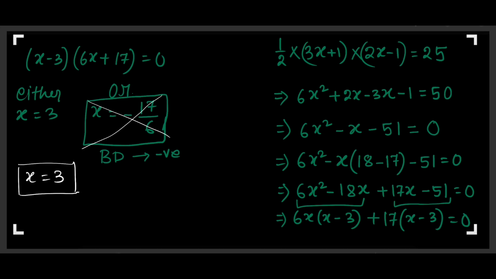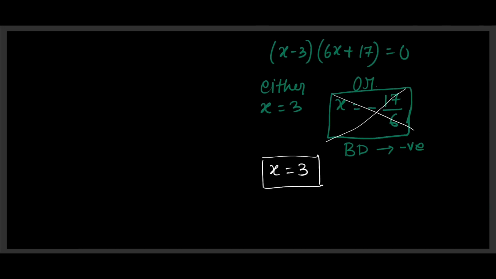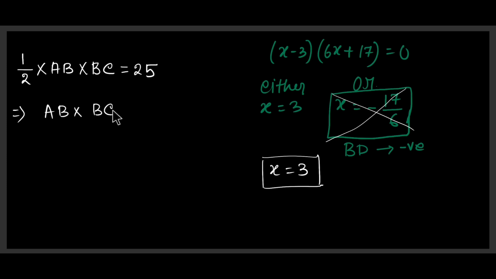So now we can say that our other equation, which is half into AB into BC, is equal to the area, which is 25 in the question. So AB into BC is 50 and BC is given as 2x plus 1 in the question.